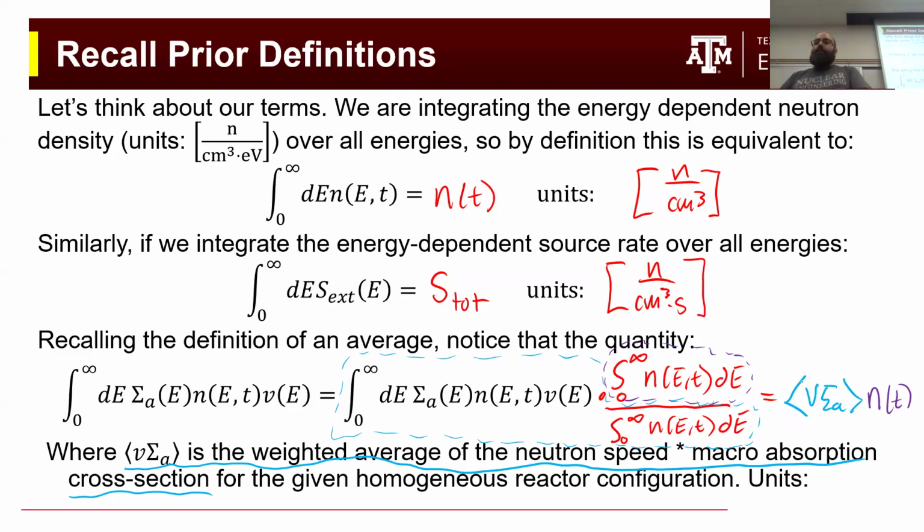So this is a quantity that's a speed times a cross section. If I think about the units, what are my units of speed? Perfect. And then what are the units of a cross section? 1/centimeters, right? So notice that those centimeters, top and bottom, are going to cancel.